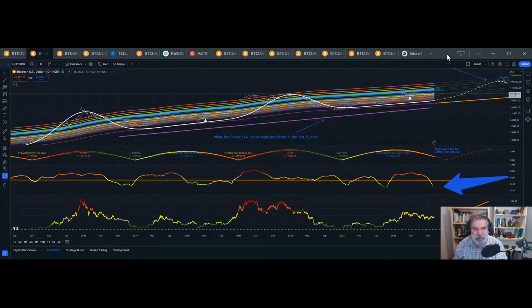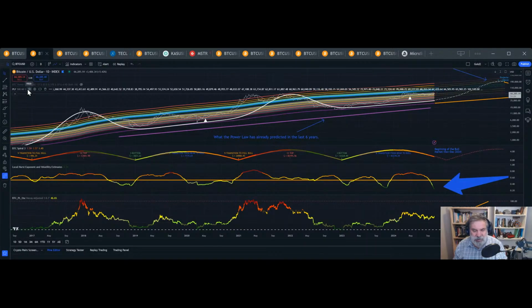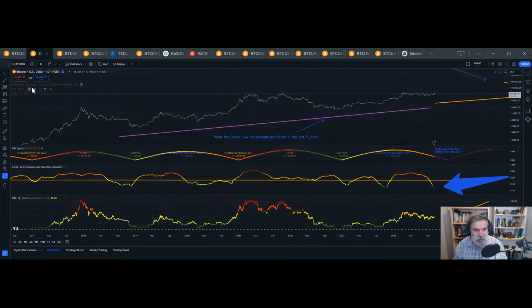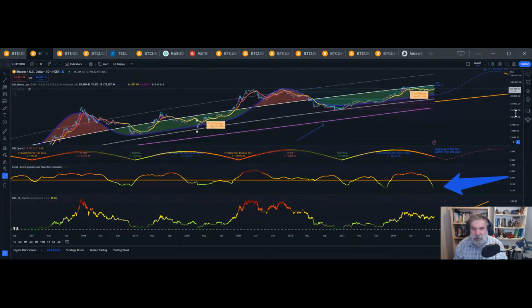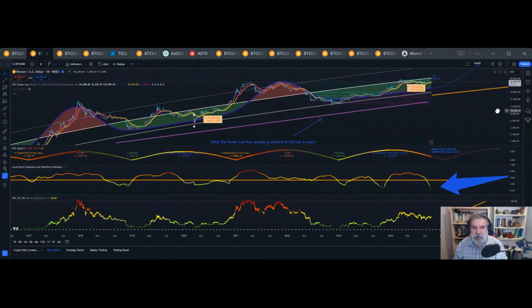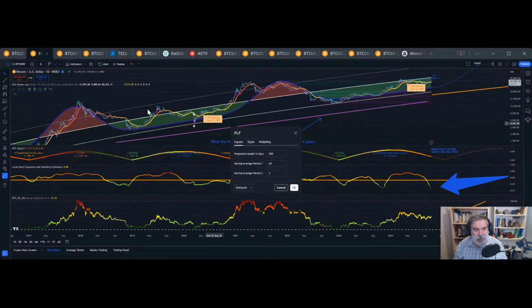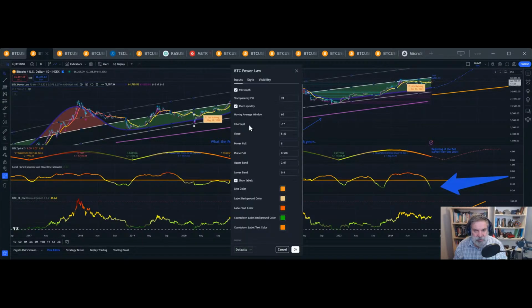So the next one is basically a simplified version of this one, because this is cool. It has a lot of features, but sometimes you want something more simple and clean. And so basically this is what it is. So this is using one particular slope. That slope can be changed, by the way, that you can click these little bolts, and the bolts give you some level of customization.